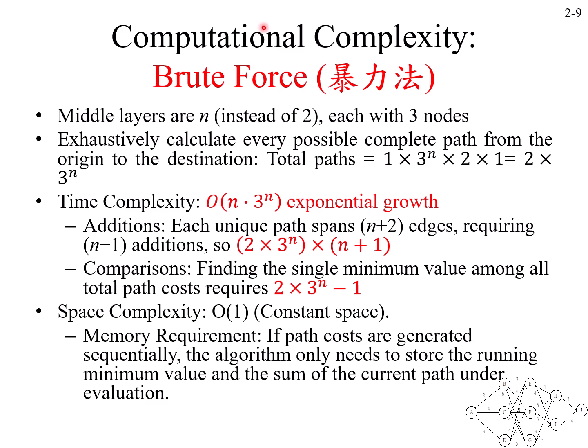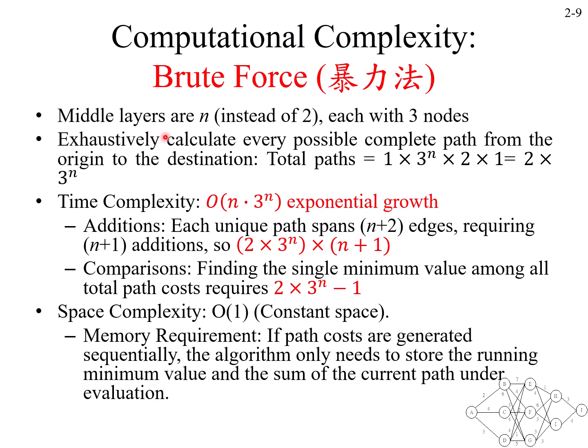So we'll compare the complexity of two algorithms. The first one is brute force. You don't have any training. You just use your intuition. That is, you find all possible paths and compute the optimal one. This is called brute force. So how many paths do we have?